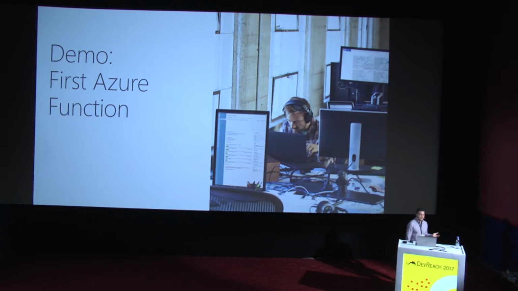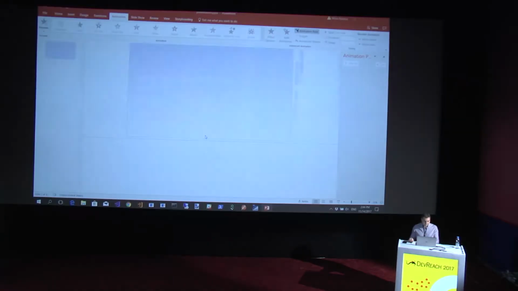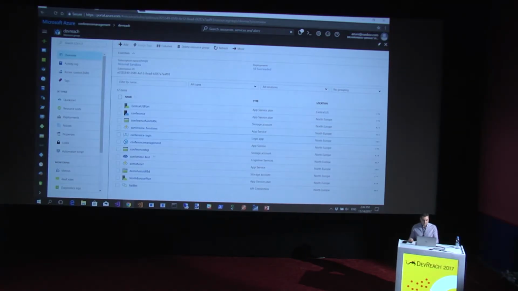Okay, so let's switch to our first demo. Let's take a look at how we can create Azure Functions and dig a little bit deeper. All right, so this is the Azure portal. If you haven't used it, this is the web app that allows you to create Azure resources. So this is what I'm going to do now.